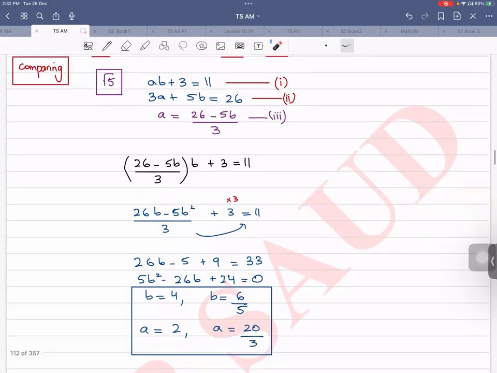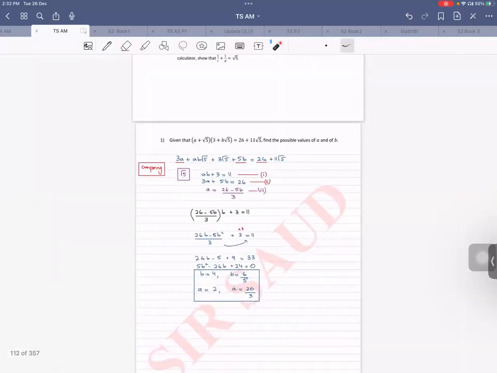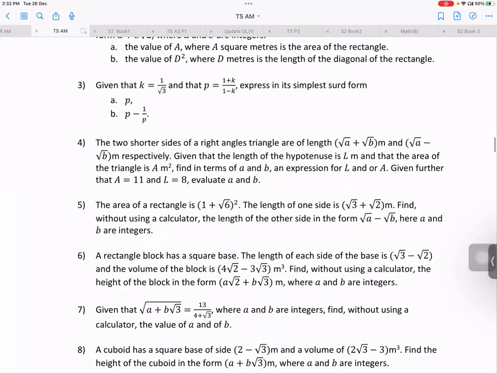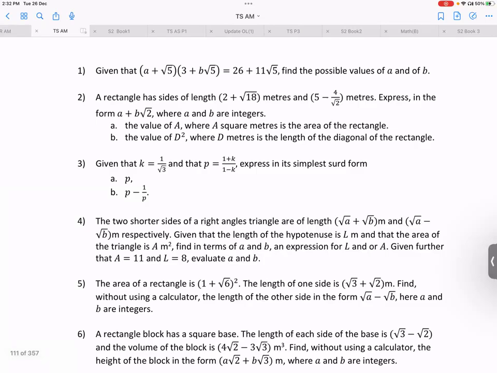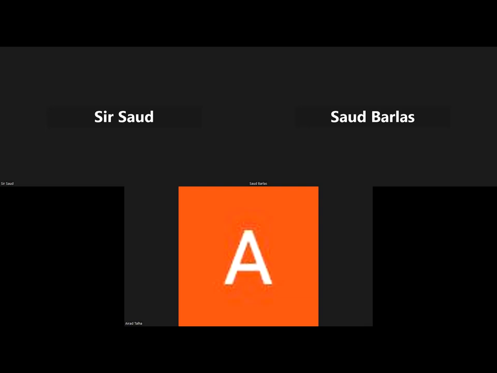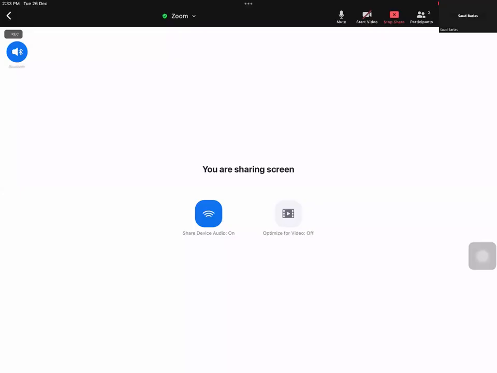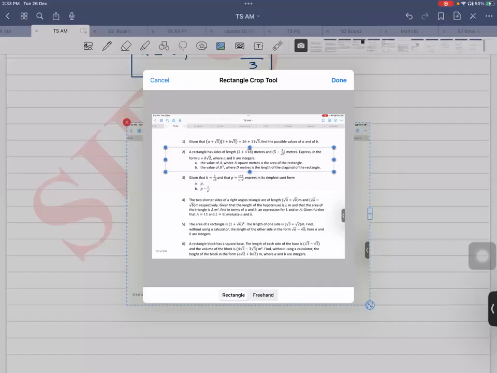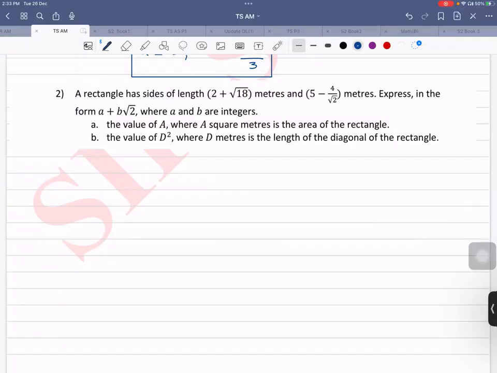Okay. The next question that we will do is question number 2. It's on a rectangle.